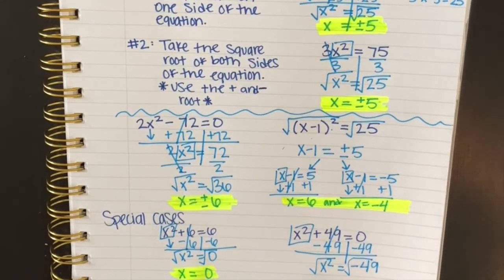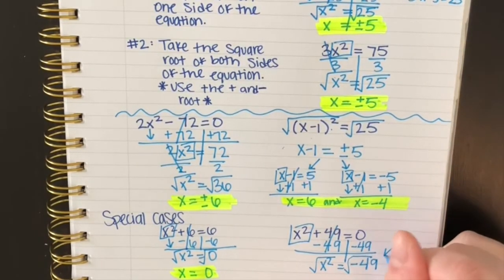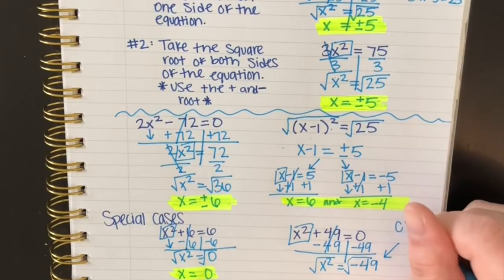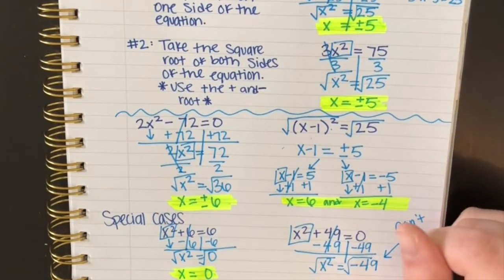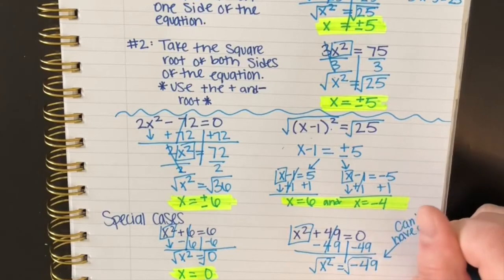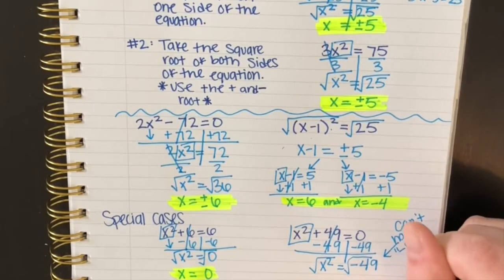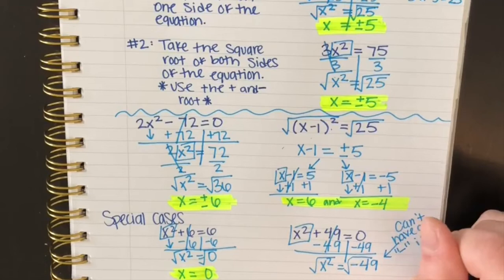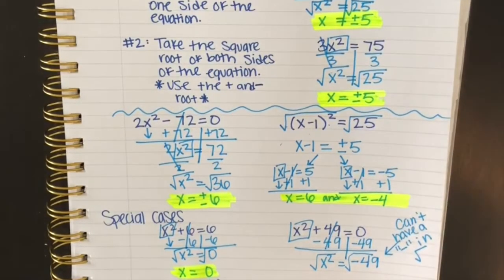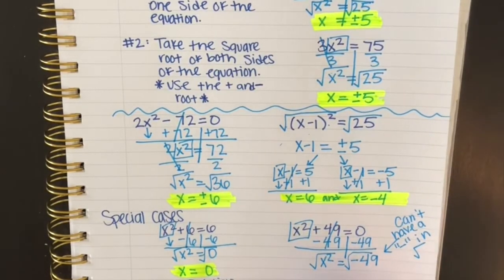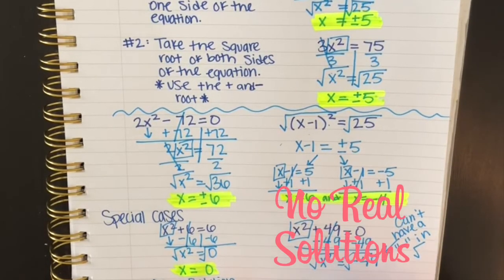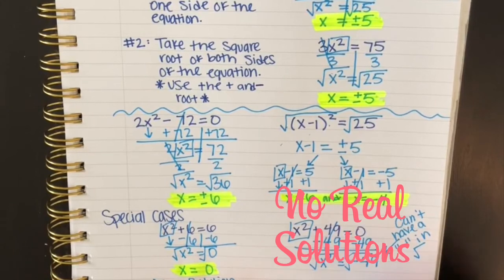This is where I have a problem. The square root of x squared I know is x, but I cannot take the square root of a negative number. So we can't have a negative in a square root. Because of that, we actually have to stop here. So we have no real solution.